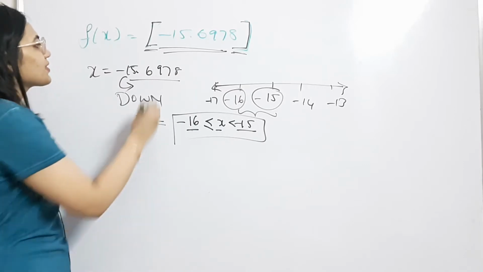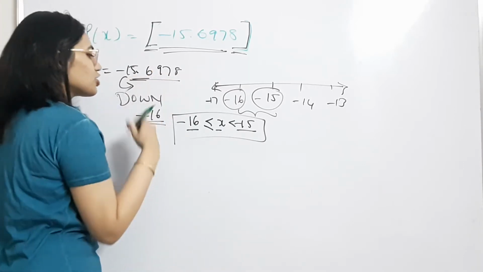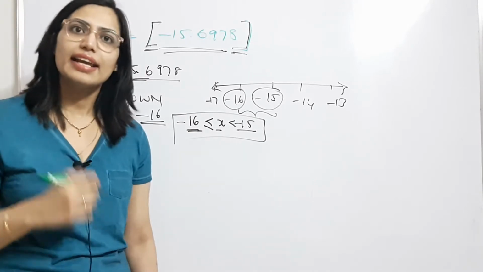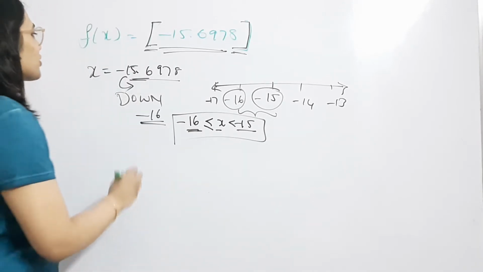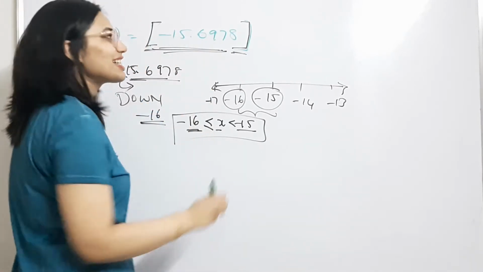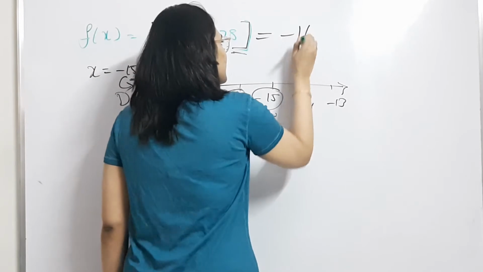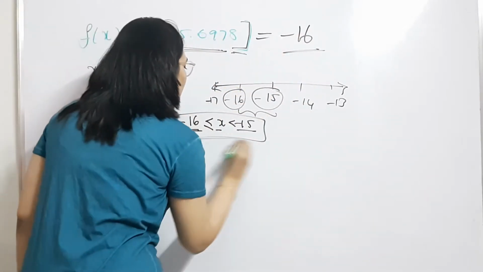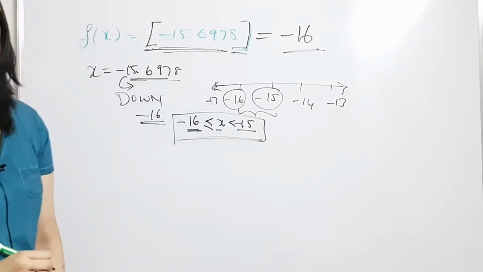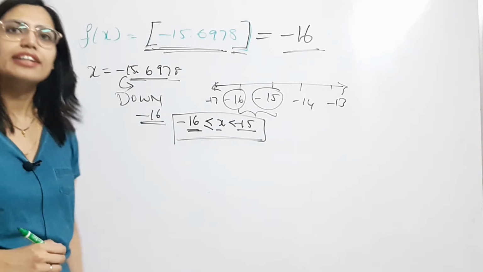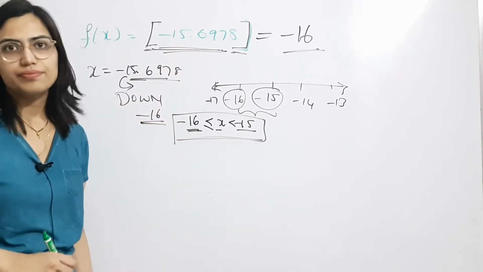Because we are rounding down to minus 16 as it is the greatest integer that is less than or equal to x. So can we not write the step of minus 15.6978 as minus 16? Right? So we are denoting this in interval form. That is how you find the step, or the greatest integer value, of a function.